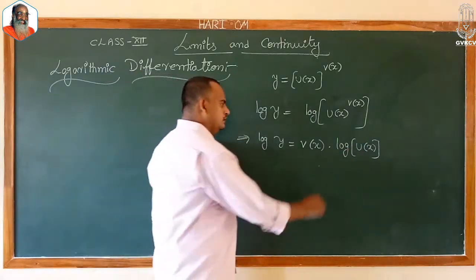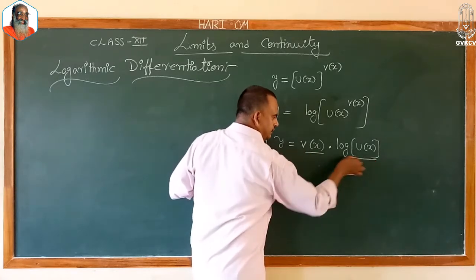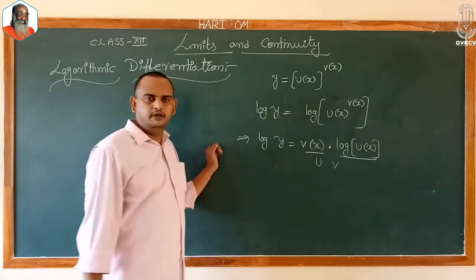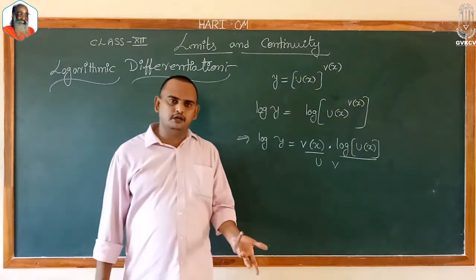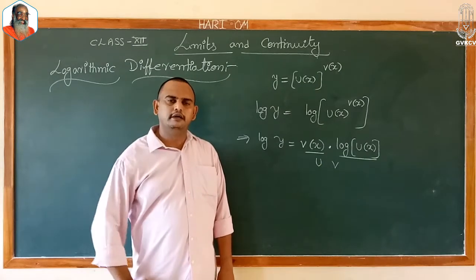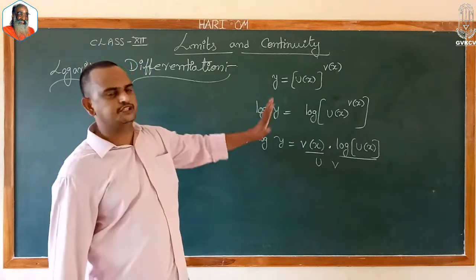Now I have a product, a function which is in the form of uv. Now you can go for differentiation.